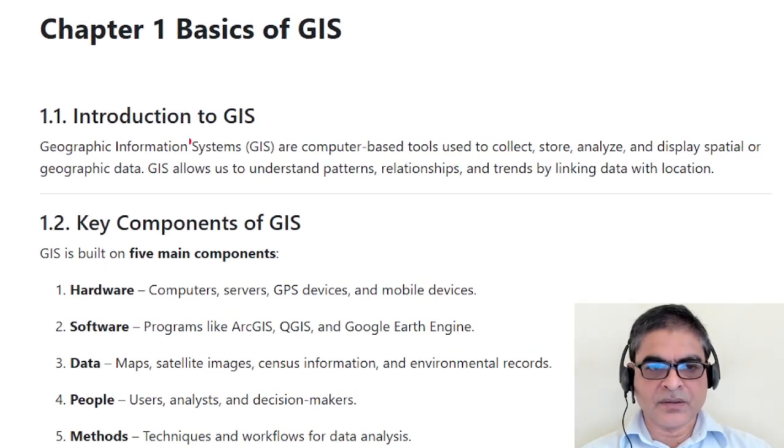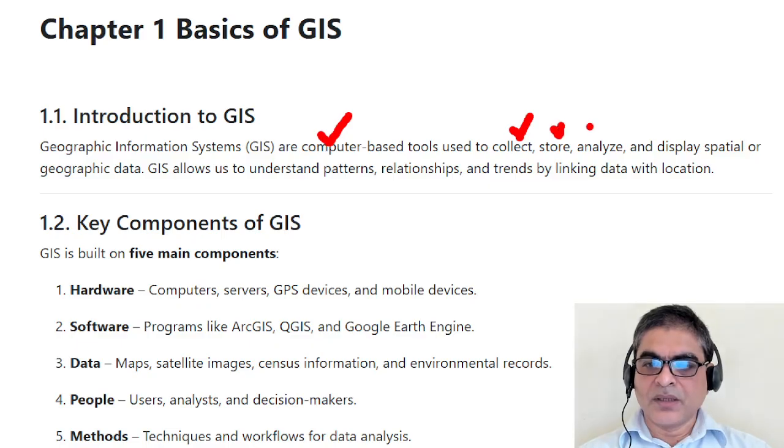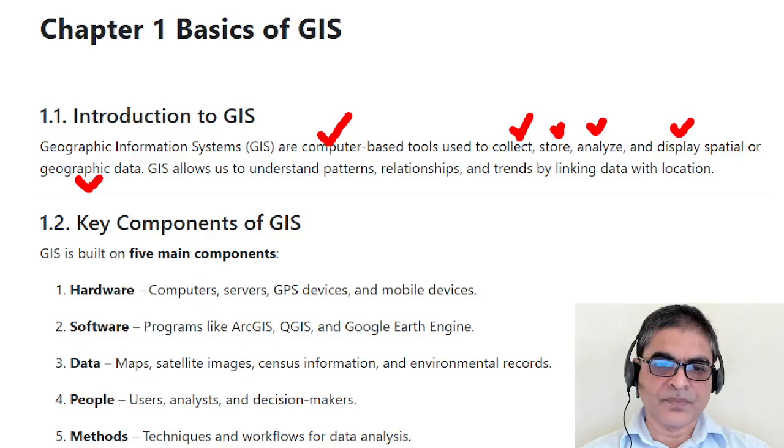So first thing first, that is the introduction to GIS. GIS is a set of computer-based tools. We use tools which are computer based to collect, to store, and then to analyze, and then finally to display spatial and geographical data.